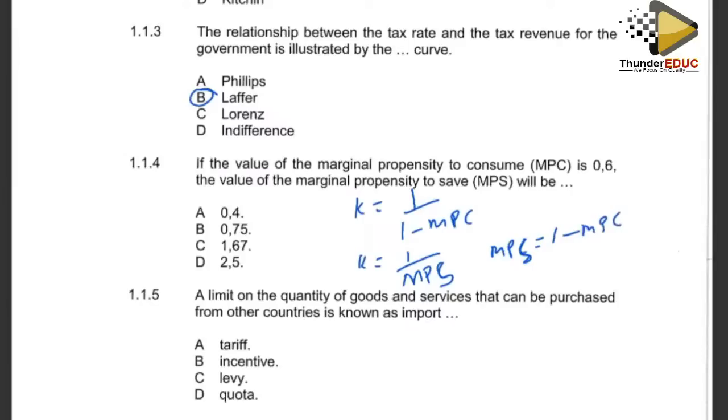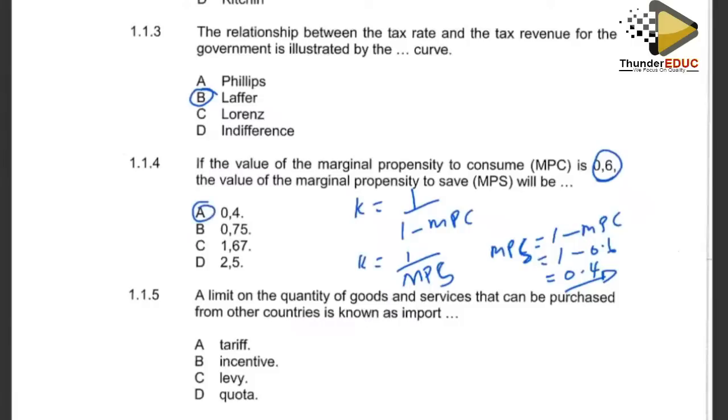The MPC that we have is 0.6. When you substitute, you have 1 minus 0.6, which gives us 0.4. If you check the options given, the appropriate answer in this regard is going to be A.